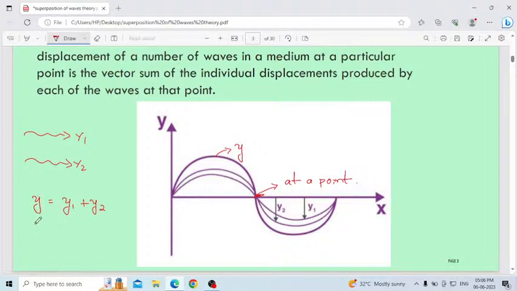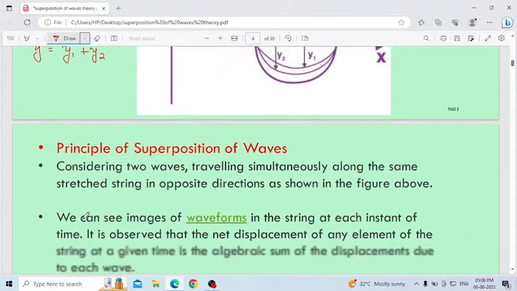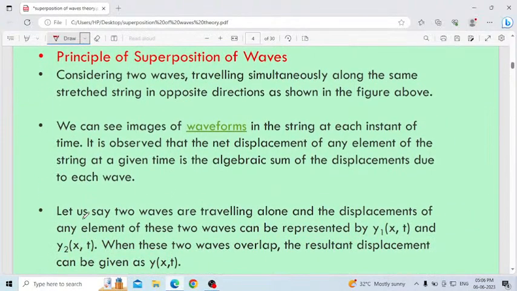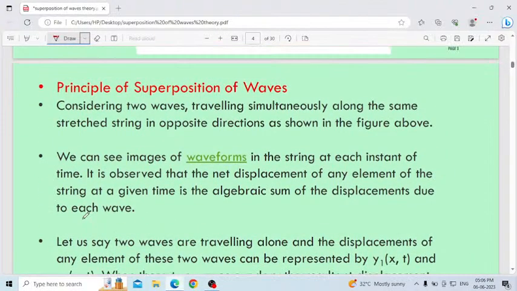Therefore, the displacement of the resultant wave will be equal to the sum of the displacements of the two waves. That you have to remember. It is a very interesting and also easy topic. Someone may get confused, that's why I will explain in detail.